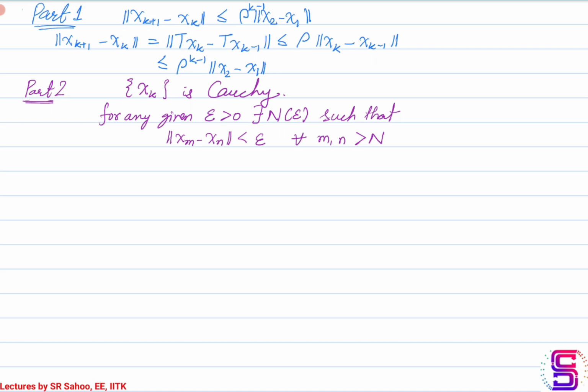So this sequence that we are talking of is being generated such that x_{k+1} is nothing but the action of T on x_k, where x_k belongs to S. Now, let m be greater than n, without any loss of generality, and n here is a positive index.